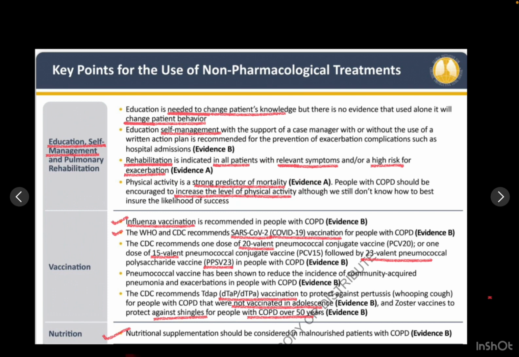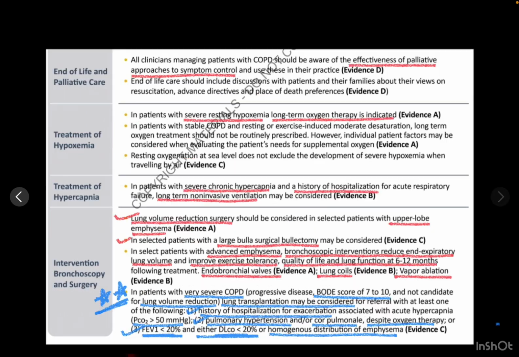And here they are telling us physical activity is a strong predictor of mortality. People with COPD should be encouraged to increase their level of physical activity, although we still don't know how best to ensure the likelihood of success. But it is a strong predictor of mortality, so we should promote physical activity in patients with COPD. These things we have already discussed, so I will move further.